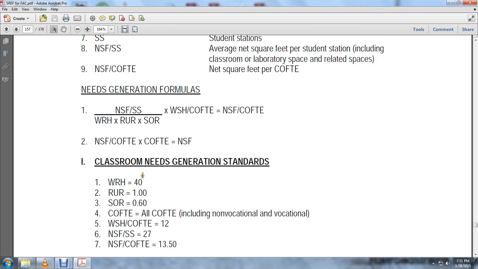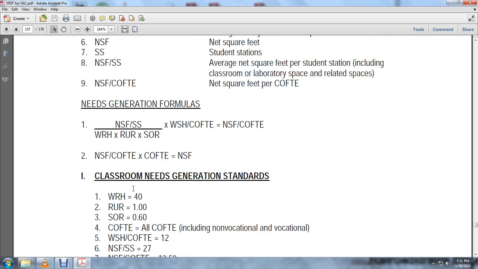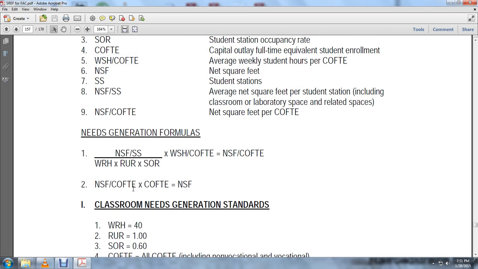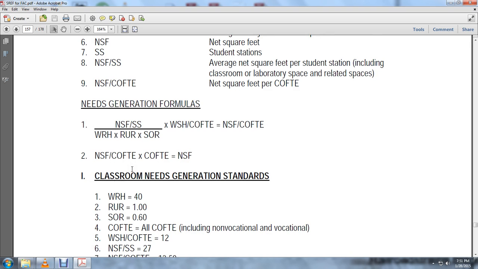The classroom space generation: 44 by room utilization rate 1.0, student station occupancy rate 0.6. The capital outlay full-time equivalent includes all, vocational and non-vocational. The average weekly student hours per capital outlay full-time equivalent is 12.